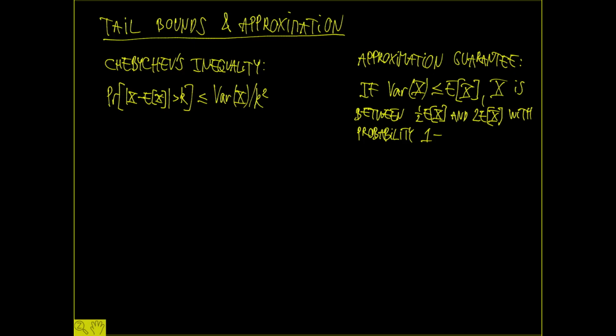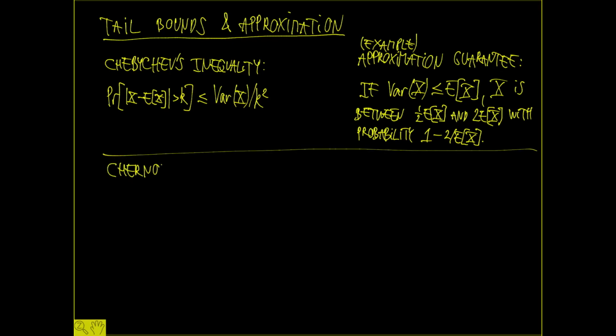So it's roughly 1 minus 4 over the expectation. So this is just an example of what you can get by Chebyshev. In general, it gives a whole trade-off between accuracy and probability.